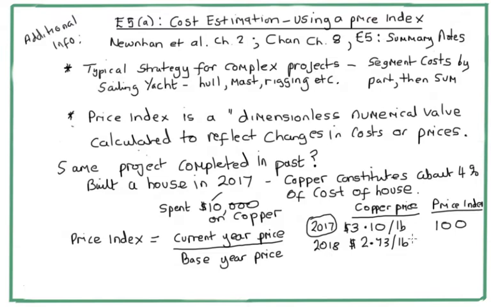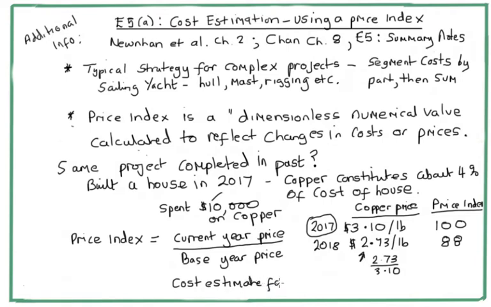Then for 2018, the value of the price index will be 273 divided by 310, which, if you're playing along, multiplied by 100, is 88. So interestingly enough, copper has fallen in price, so that's one component that is going to be cheaper this year than in previous years.